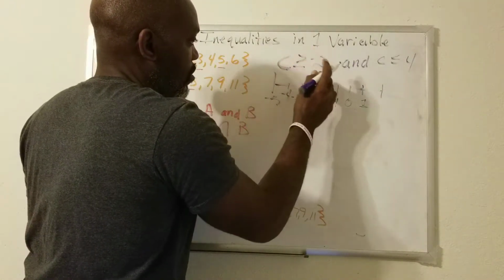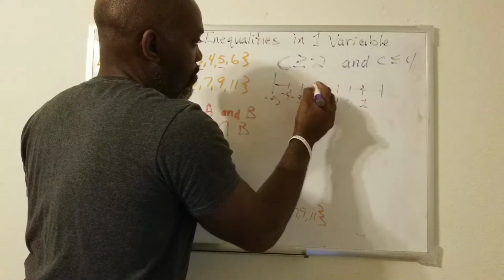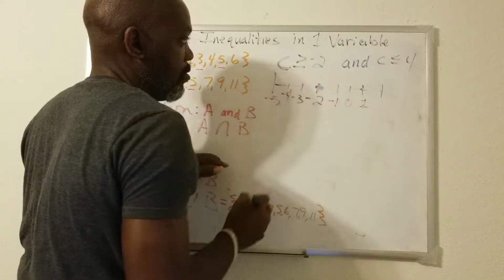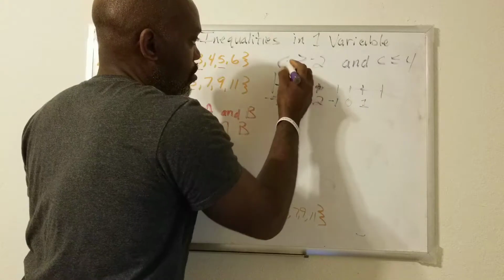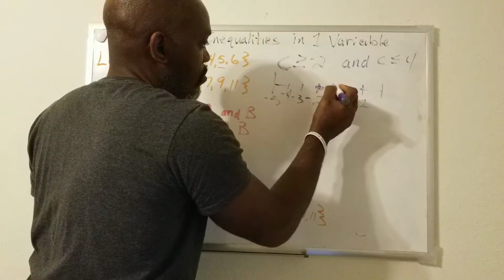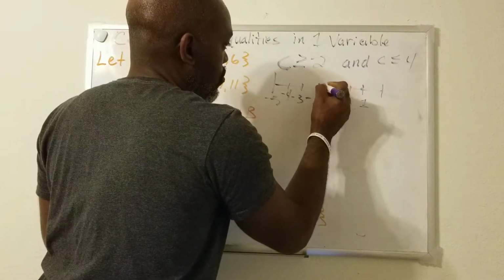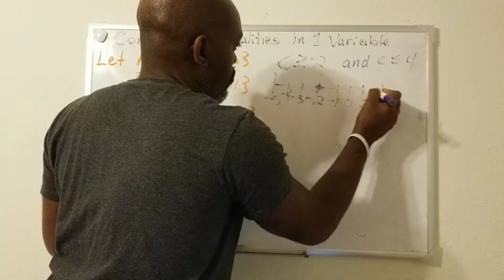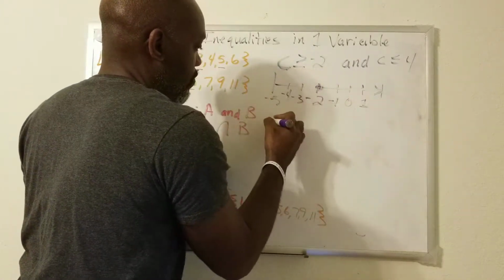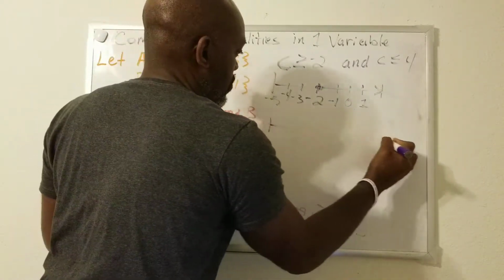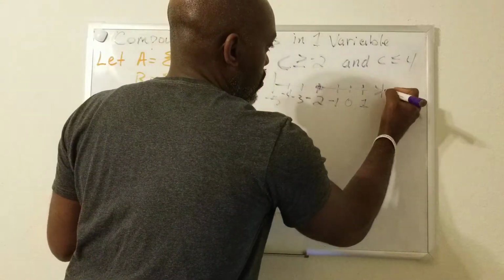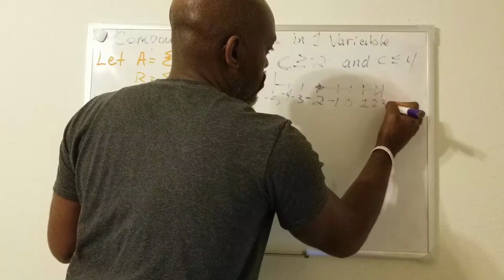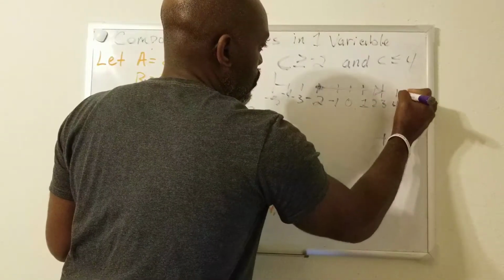So C is greater than or equal to -2. So the numbers, -1 is greater, so we're going to go this way. And for 4, this would be 2, this is 3, this is 4.